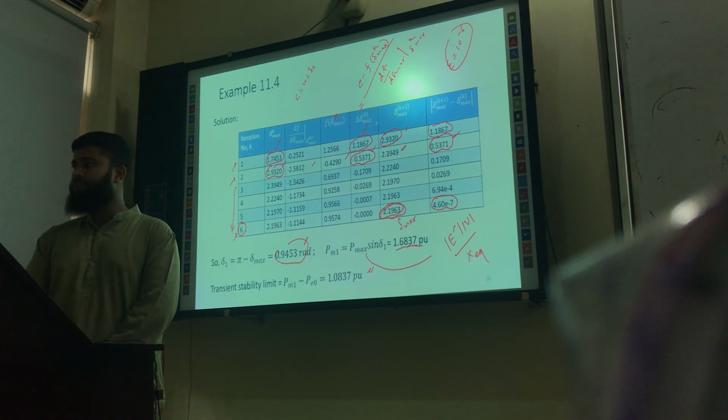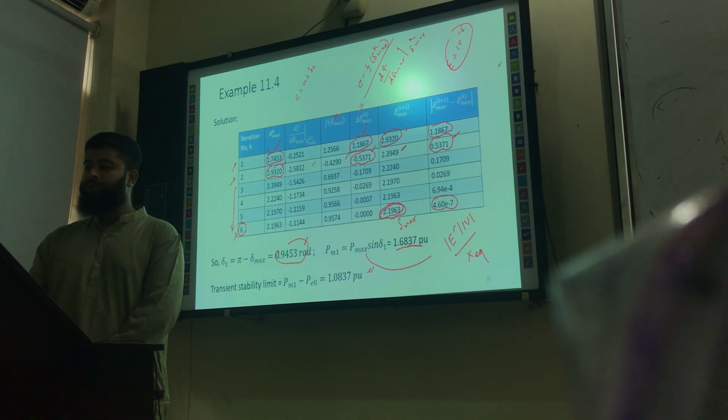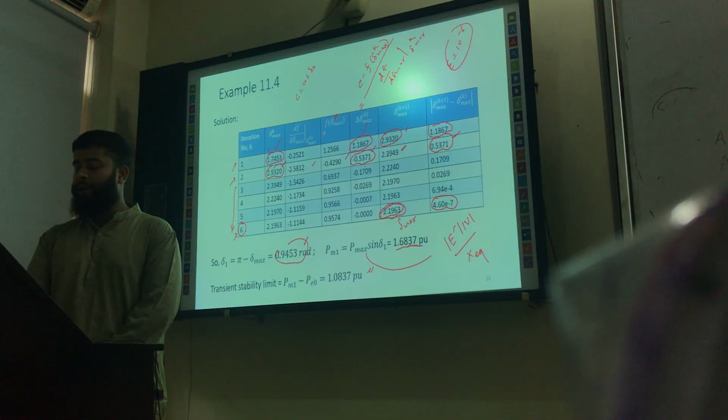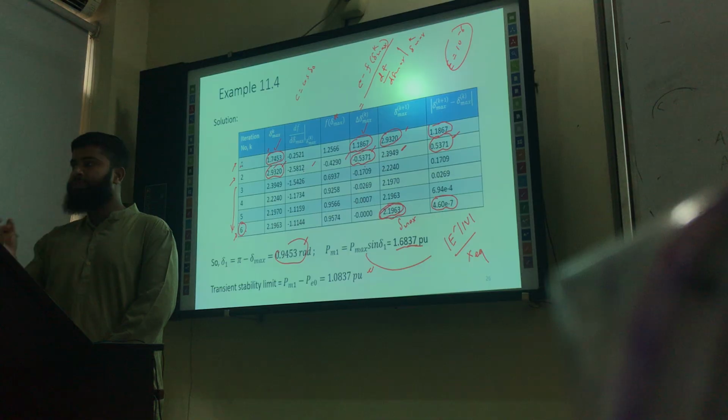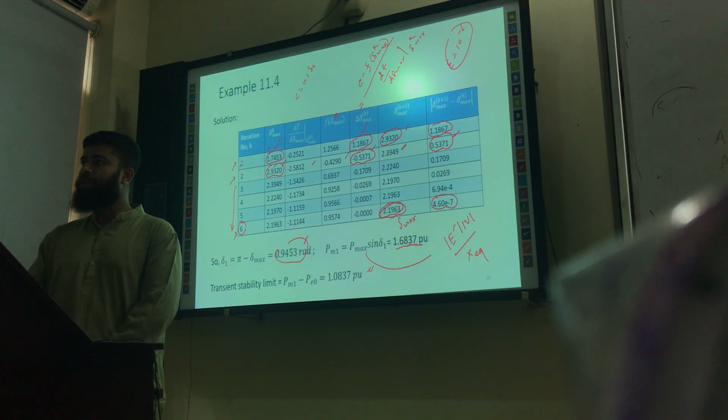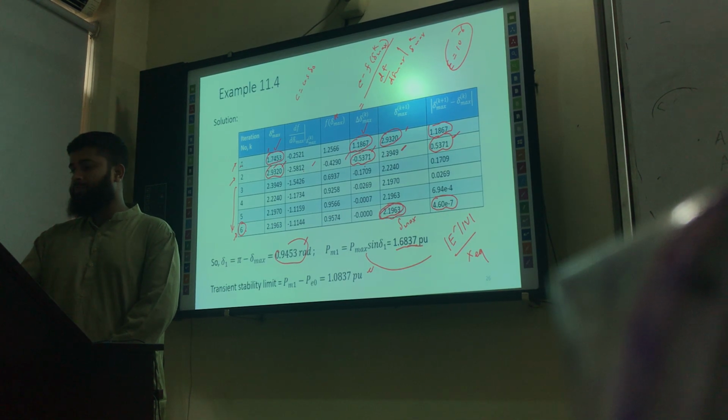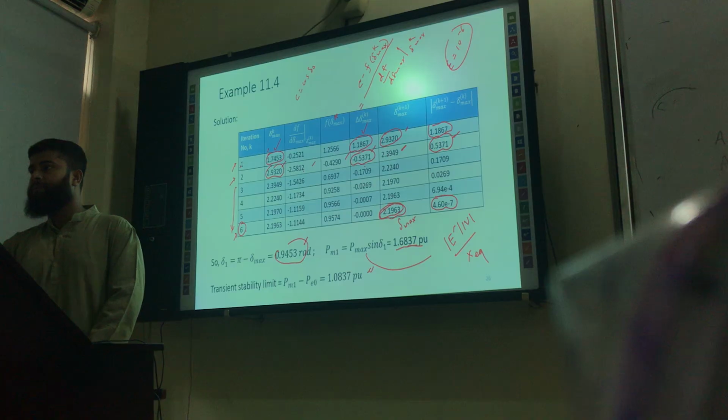How will I know whether you applied the wrong formula or it is just a calculation mistake? But if you apply the formula and do the calculation for at least one iteration, I will be sure that your formula is correct, but maybe while pressing the calculator you made a mistake, and that's why you are getting the wrong result.